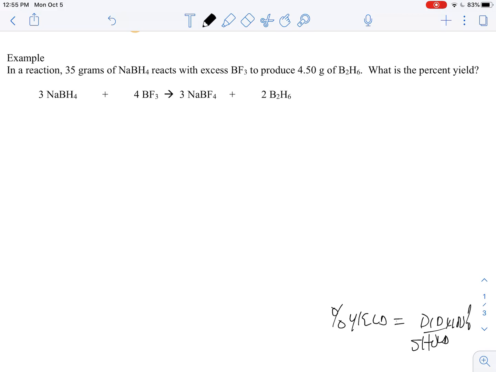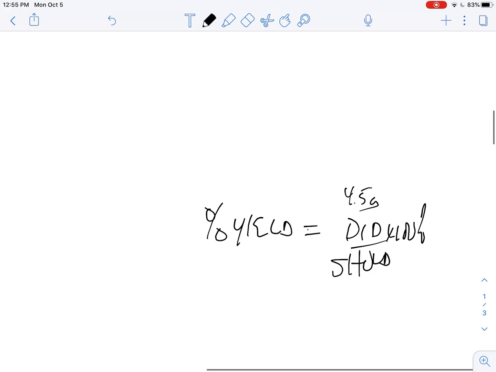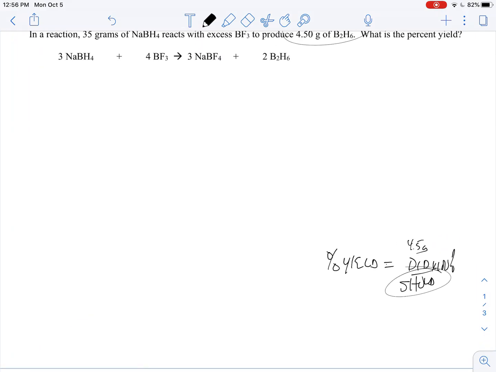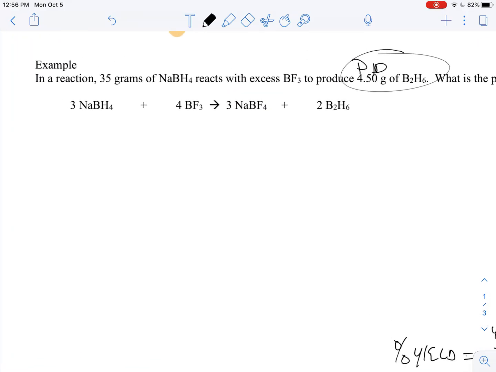Now, they gave you the did. You did get that much. So you got 4.5 grams of that. The only thing that you have to do now is figure out how much you should have gotten. So how are you going to do that? Well, you're just going to do a normal stoichiometry problem.